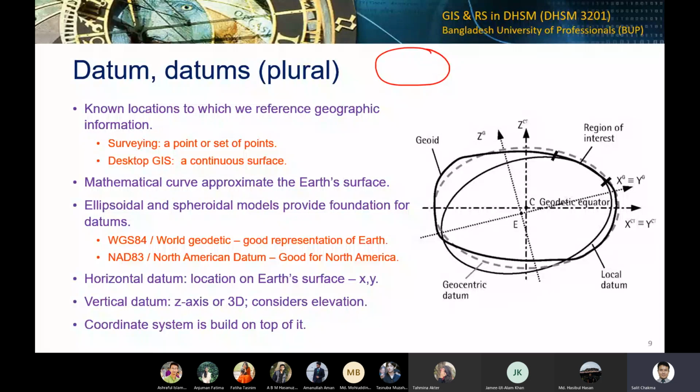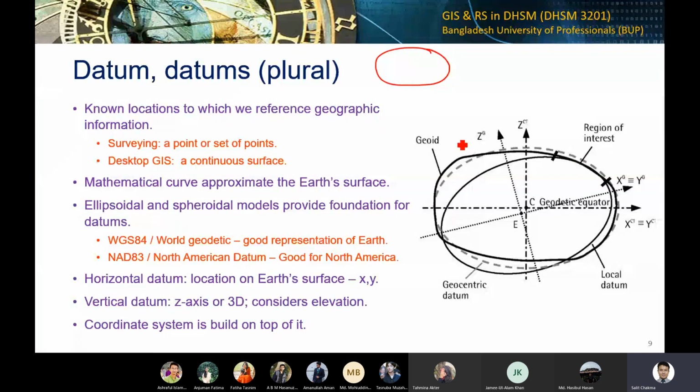That's it, right? But we could have multiple datums. How? We can move this spheroid or ellipsoid in different directions and, for a certain coordinate system, we could develop our own spheroid to represent that framework. And that's why we have multiple datums for different coordinate systems. Okay.